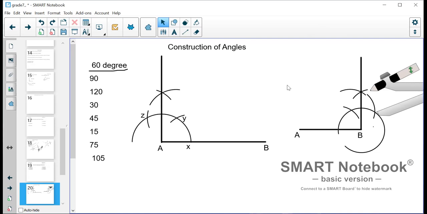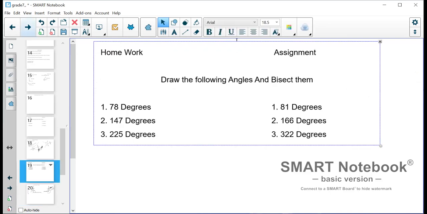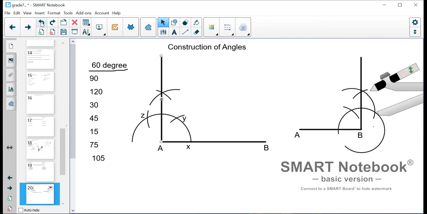Good. Now I'll skip 30 for now. I'll go straight to 45 because 45 is the half of 90. So in order to get 45 degrees, we should first find 90 degrees, which I just showed you how to do. However, in this case, we do not need a bold line there.